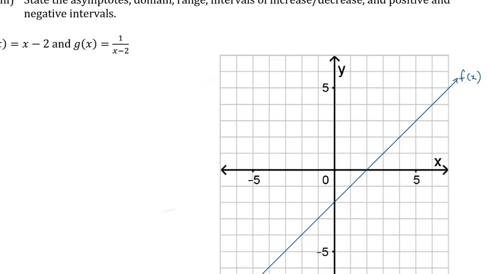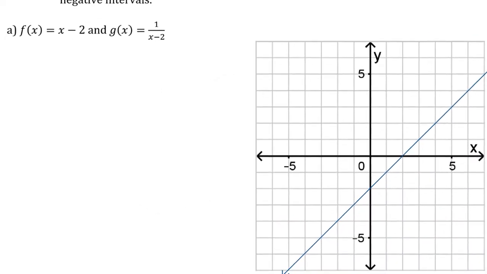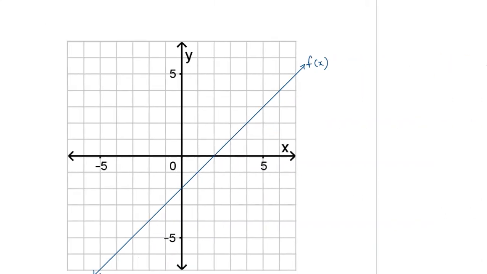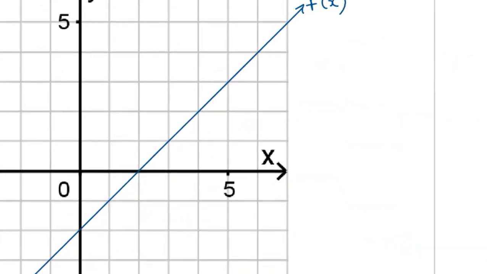So if f of x is x minus 2 and g is 1 over x minus 2, that means for every point on f, g will be the reciprocal. So if I pick a point on f, like 2, what's the reciprocal of 2? Good, thank you. 1 over 2. So that's a half. So won't g be at a half?